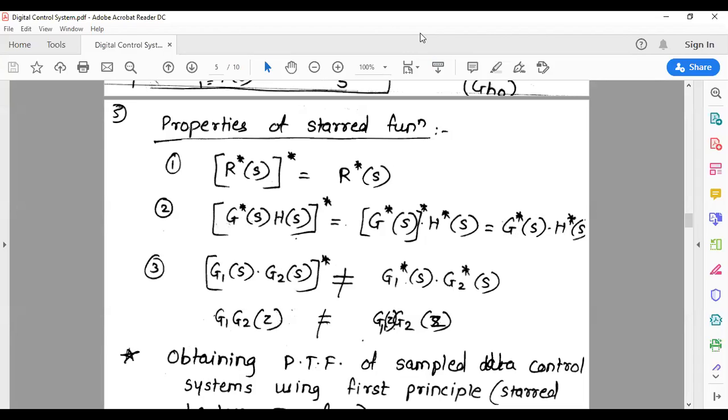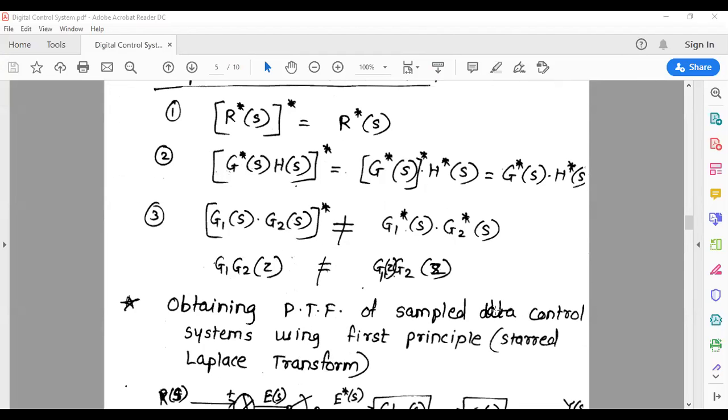Is that clear, everyone? I would like to hear from all of you. Yes, class. Any doubt in any of these three properties? Would you like to take a minute and note it down so that it will be quickly revised before I move down to the slides again? Yes, Divya.